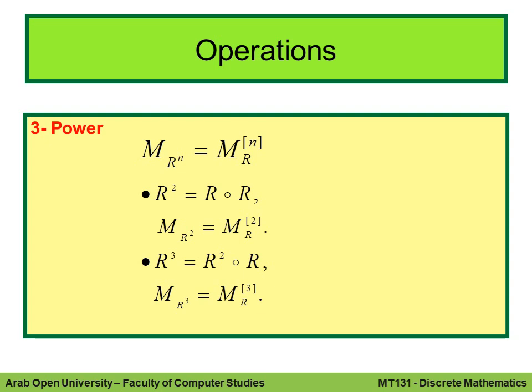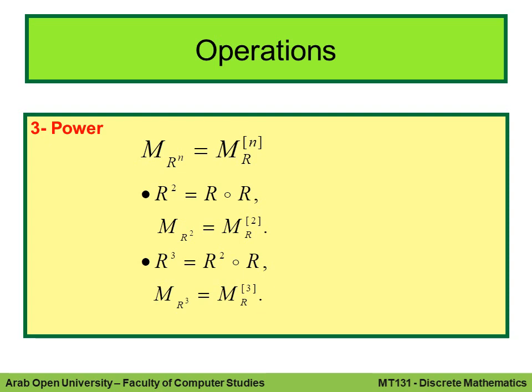Now what about powers? It works the same way, and you are applying Boolean products where you end up with Boolean powers. The matrix for the relation R to the n is the nth Boolean power of the matrix for R. If you want the matrix for the relation R to the n, just multiply the matrix for R by itself n times.